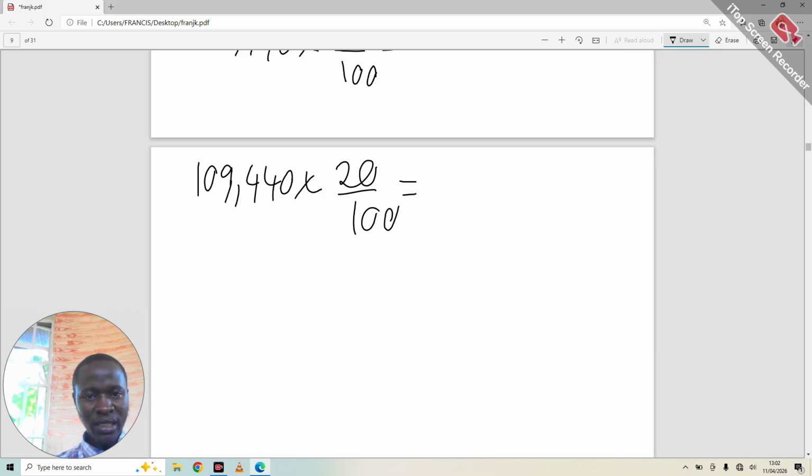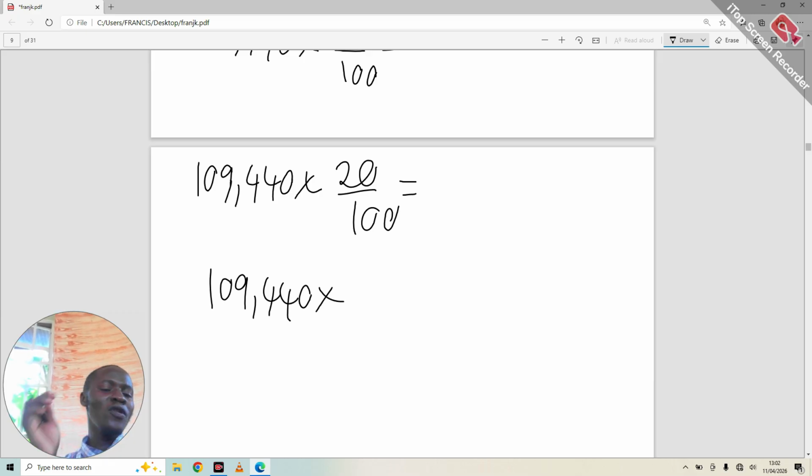We are moving to the next band. That is 448,480 minus 335,040. We are having again 109,440. If you realize the flow is the same, don't make the assumption that the other part will also be 109,440. No. You have to confirm.